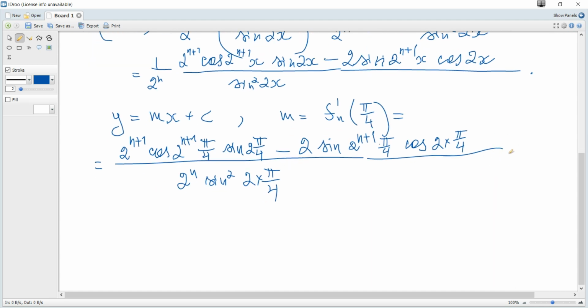And we can see that cosine of pi over 2 is 0, so it disappears.